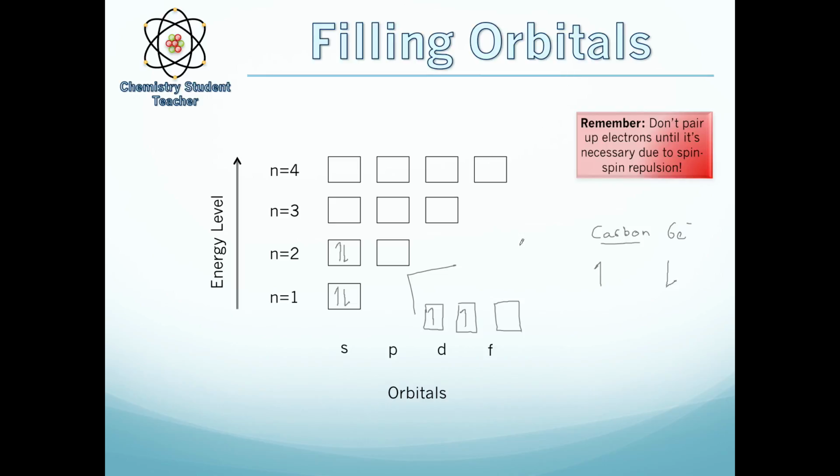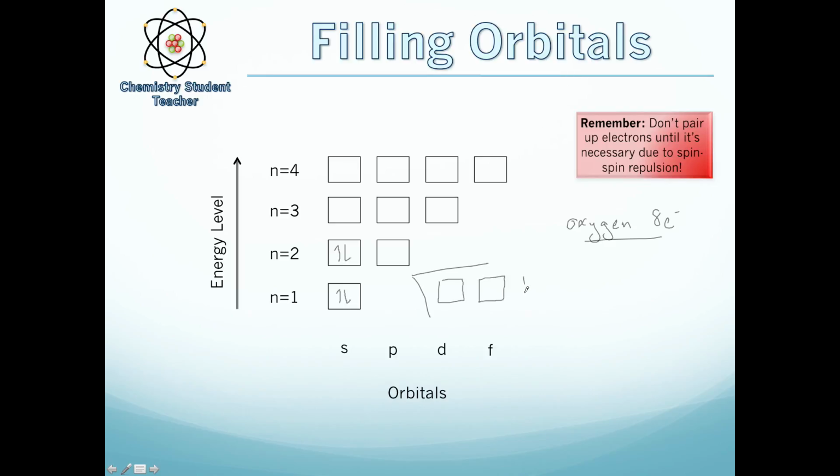Okay, so another example, if we do oxygen, which has 2 more electrons, so 8 electrons, and in this case it's the same, so we start with filling up the first 2 electrons in the 1s, and then you've got the 2s, and again we split the p subshell into 3 orbitals.